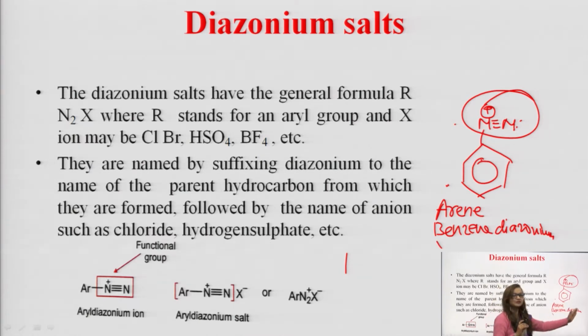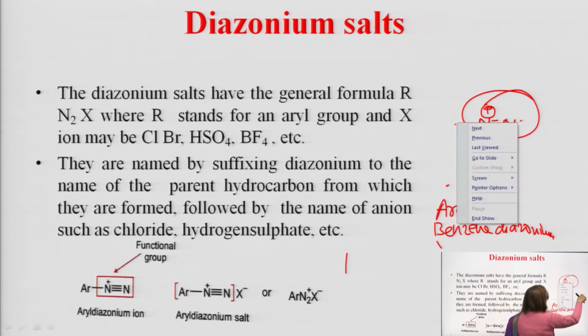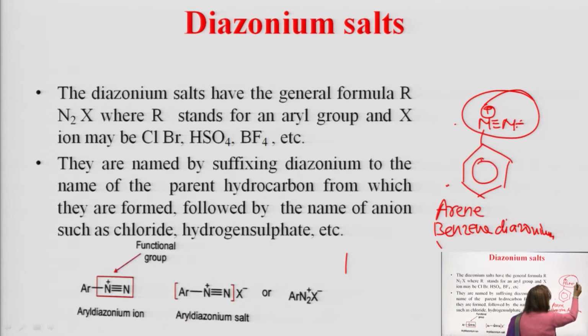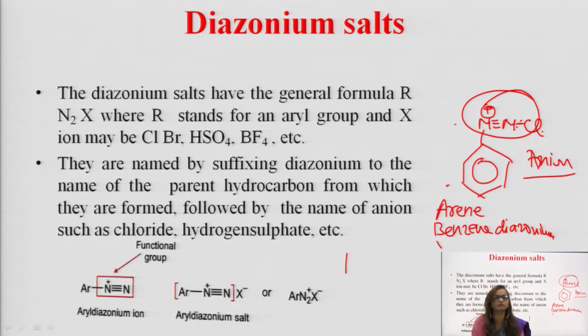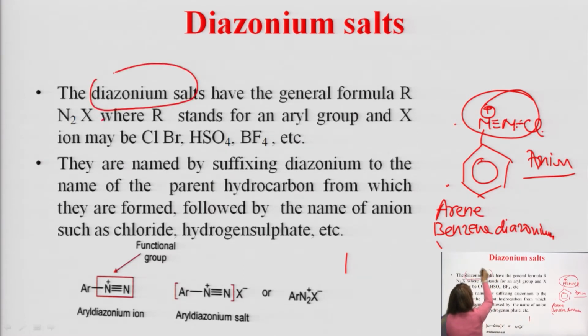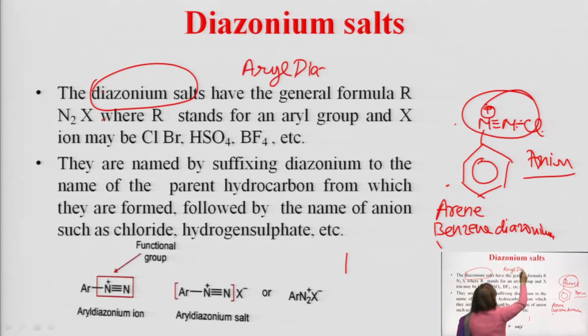If it is attached with any aromatic ring, for example here I have attached it with benzene, then the name becomes benzene diazonium. Further, this nitrogen has a pair of electrons, so if it again attaches with chloride, or any anionic group, then the whole name becomes diazonium salt, or aryl diazonium salt.